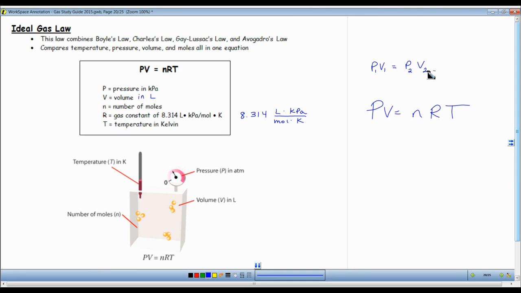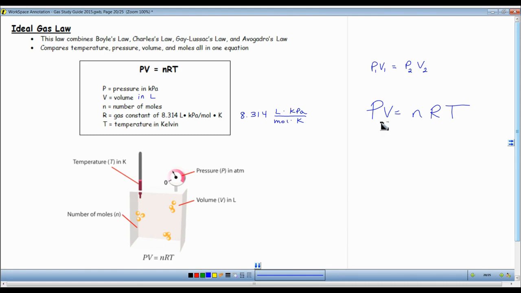That's kind of reflected in this equation, that pressure times volume needs to equal a constant. Well, this is everything that would need to be constant. n is moles, R is your gas constant, and then T is your temperature. That needs to be constant. So Boyle's law is kind of hiding in there.